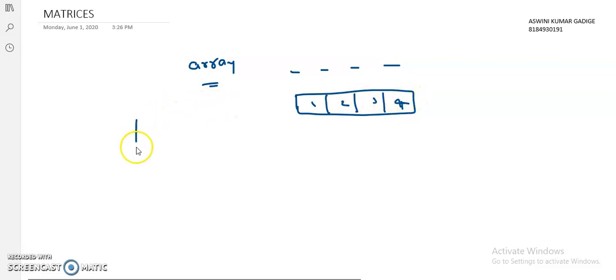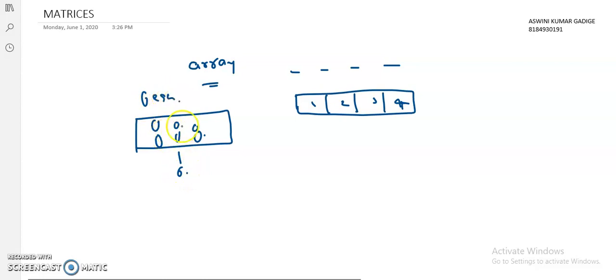So for example, if you are taking an egg tray, the egg tray will be like this. If 6 holes are there, we can place 6 eggs in these holes, right? That means all the 6 eggs are arranged in an array.